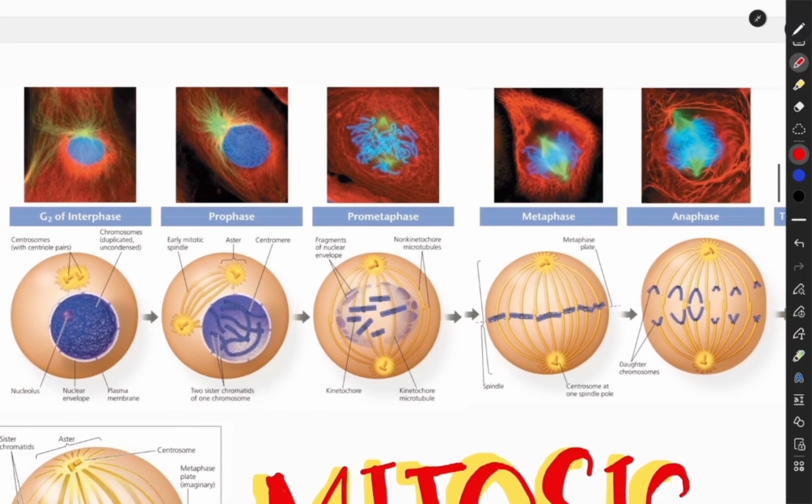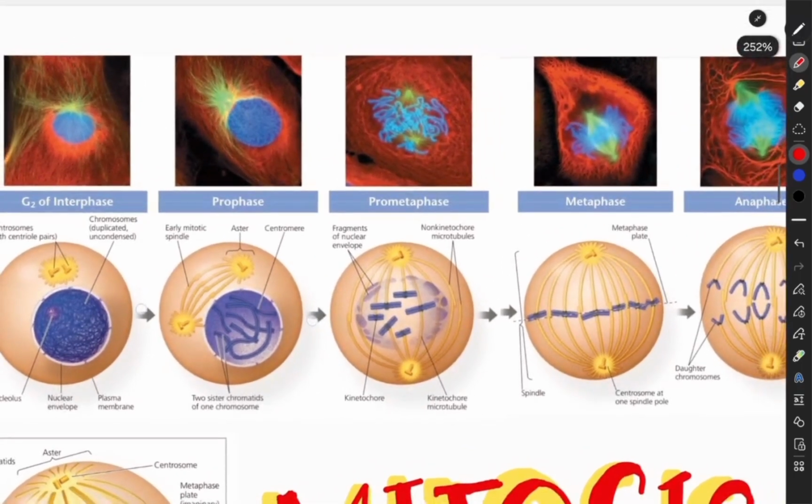Anyway, in the prophase stage, the chromatin fibers become more tightly coiled, condensing into discrete chromosomes observable with a light microscope.